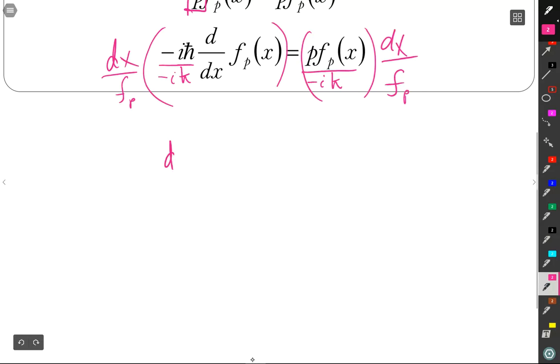And I'm going to have df sub p over f sub p on the left side equal to i P dx over h bar. Did I do that right?